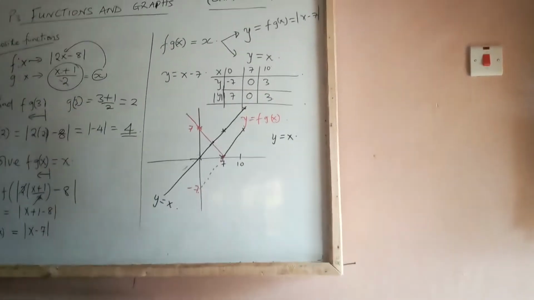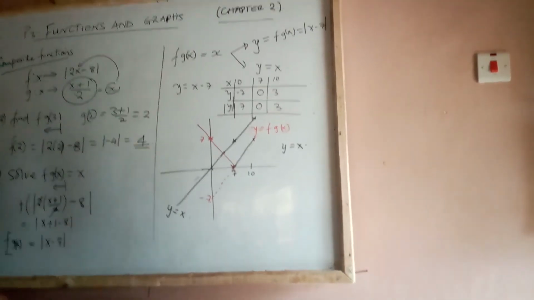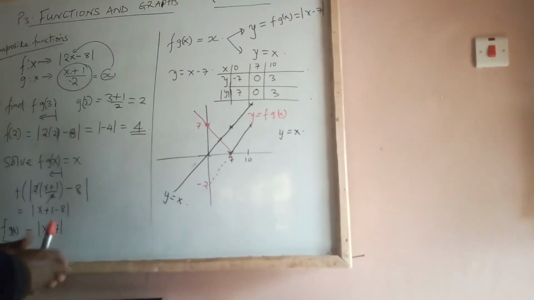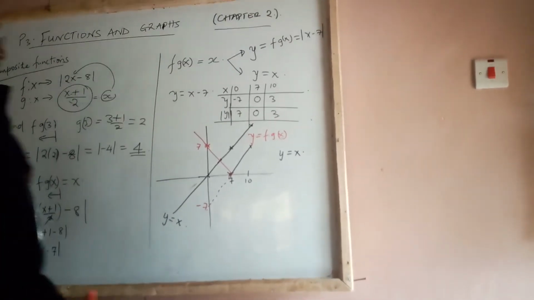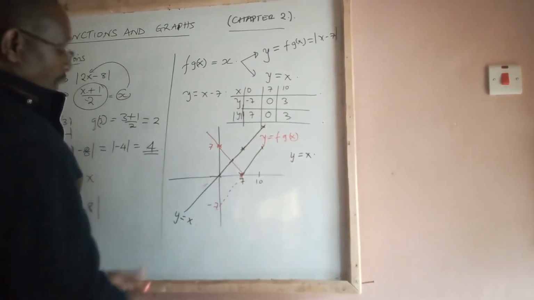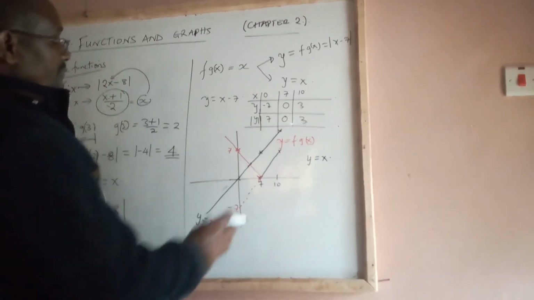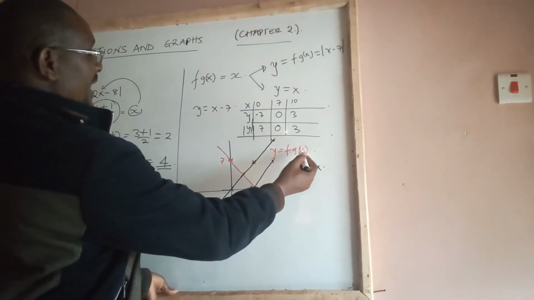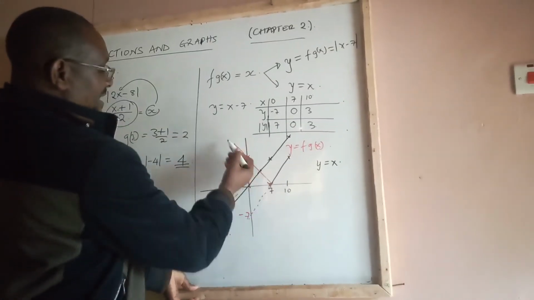What I wanted us to capture in that graph is that it is possible that the two graphs meet only once. And you can see the graph y equals x meets the graph y equals fg(x) where the line is red.